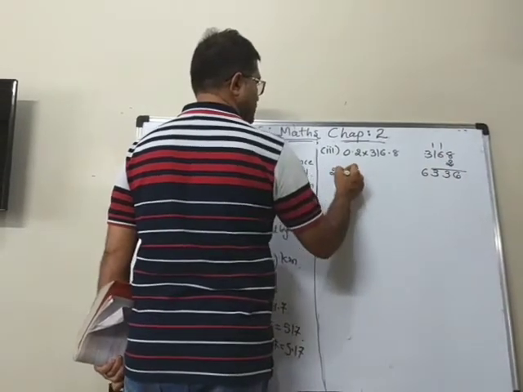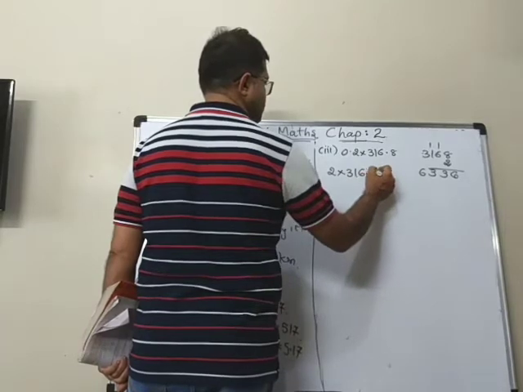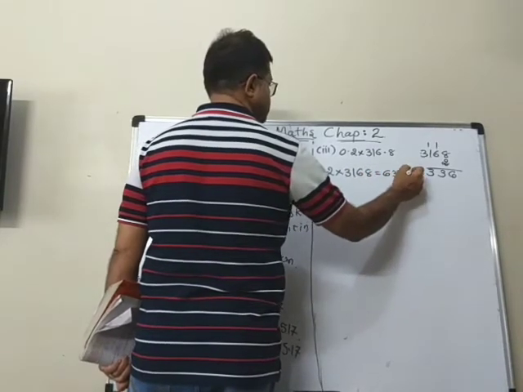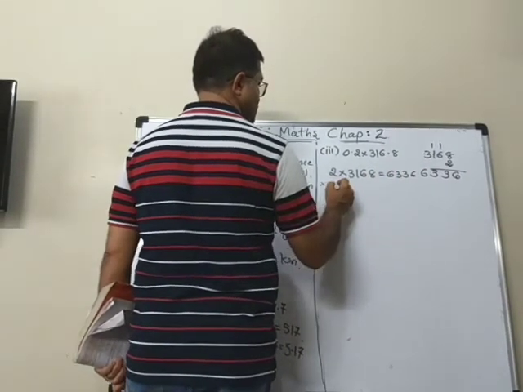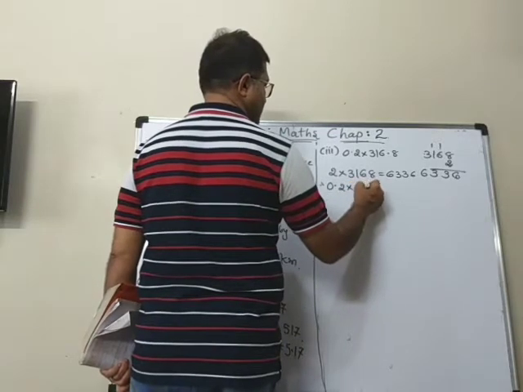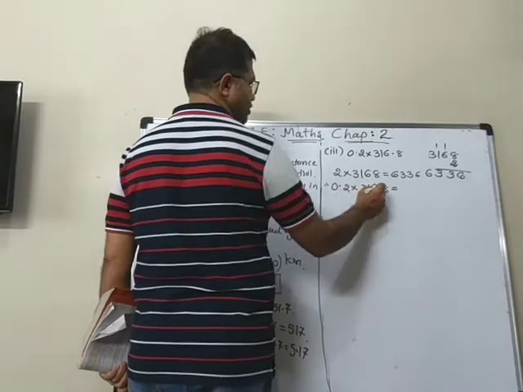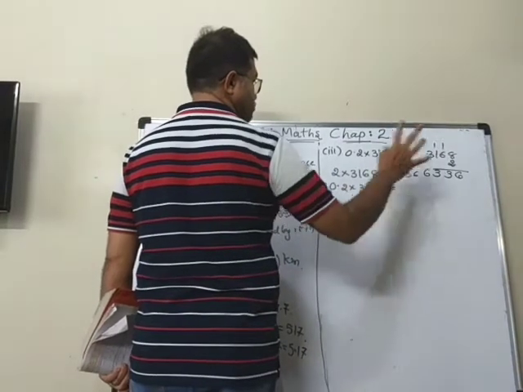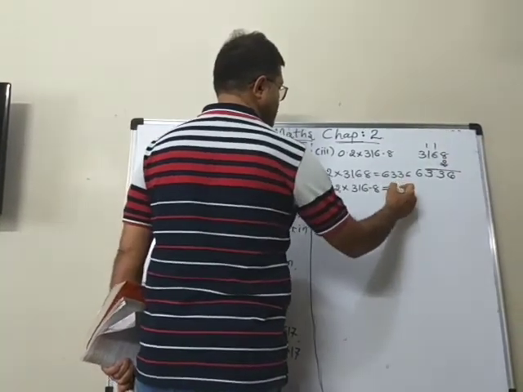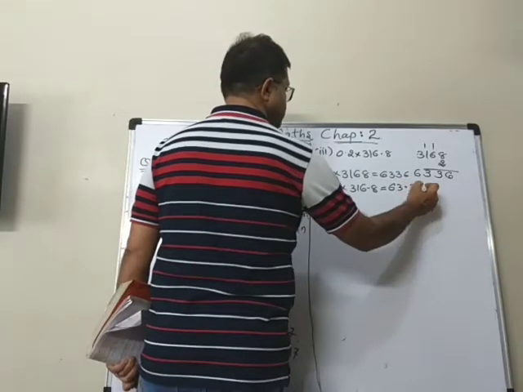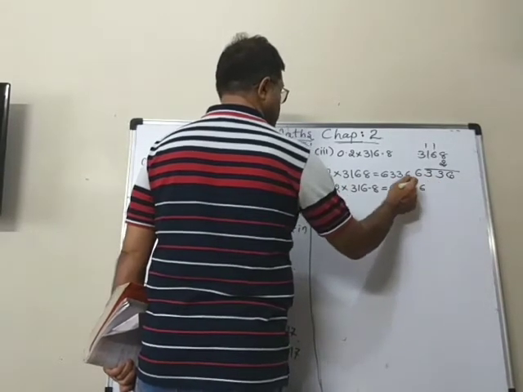So 2 multiplied by 3168 is 6336. Therefore 0.2 multiplied by 316.8. So here one decimal place, here also one decimal. So 1 plus 1, 2 decimal places from the right side. So it will be 63.36.